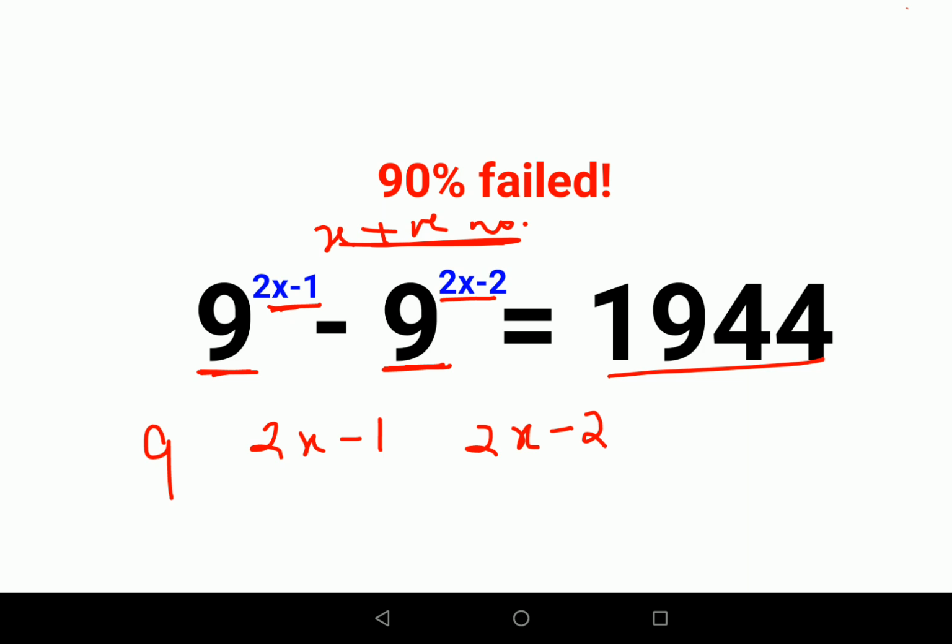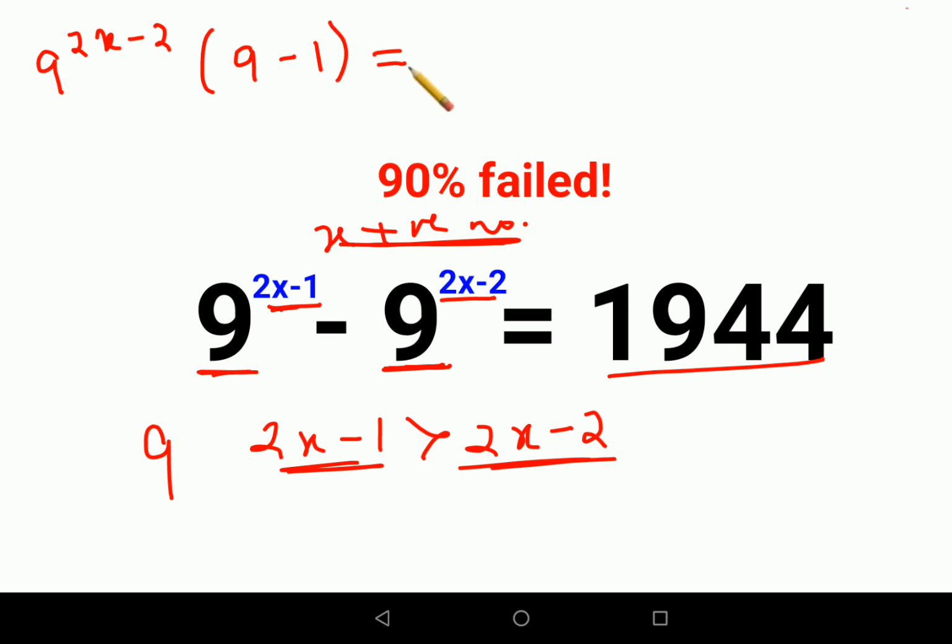But since they have told us that x is positive, I can say 2 raised to x minus 1 is greater. So using the same logic, what I can take out is 9 raised to 2x minus 2, and here I'm just left with 9 minus 1, and this equals 1944.